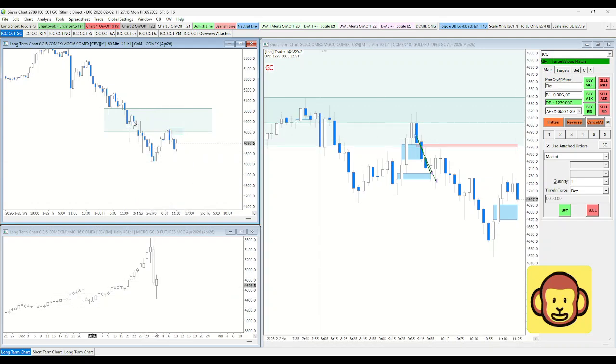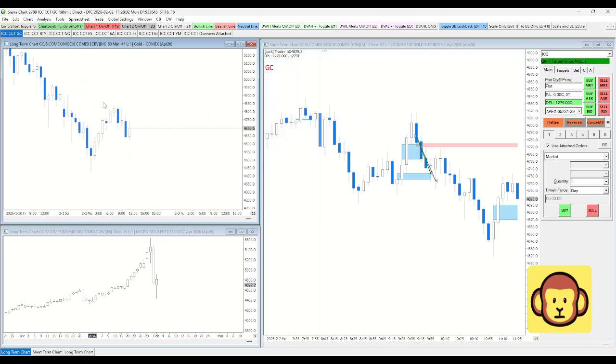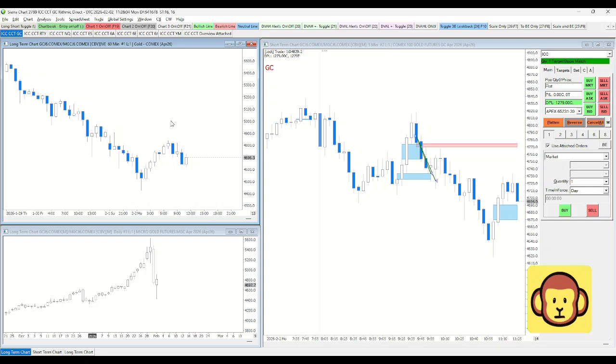Because this was fast, it's hard to identify where those areas of balance are. However, I did see the candle here, the blue down candle on the hourly, which is bearish.